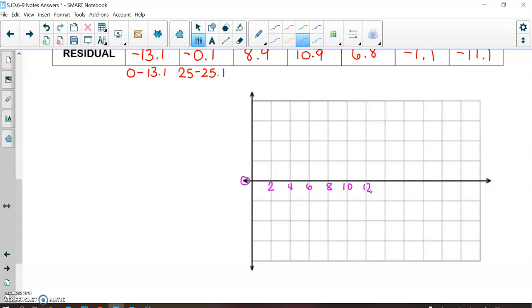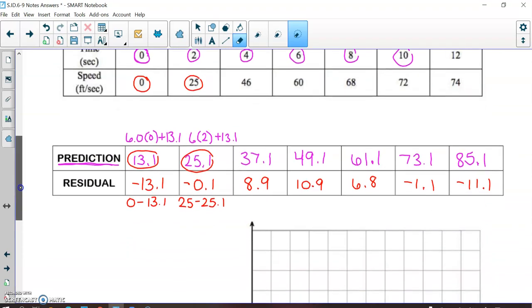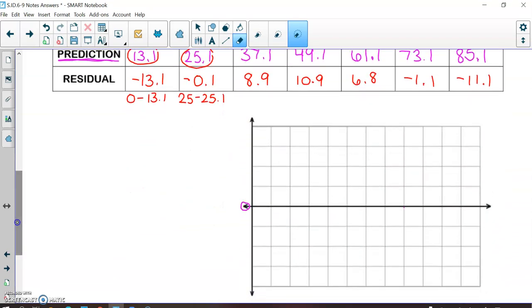I guess we could have gone by 1's: 1, 2, 3, 4, 5, 6, 7, 8, 9, 10, 11, 12. Yeah, we have enough room to go by 1's, because my x's only go up to 12. For the y scale, we're just plotting the residuals.